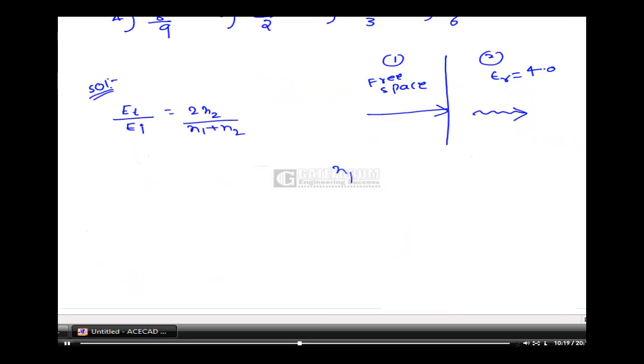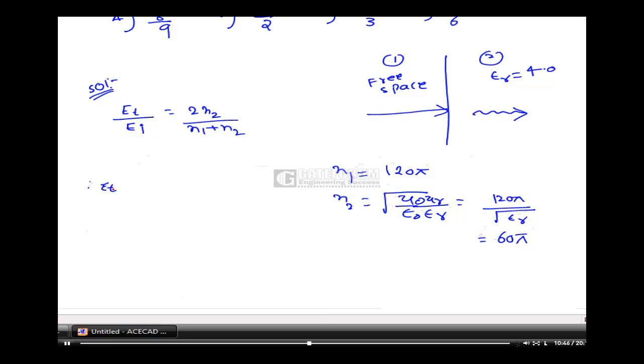Here eta 1, for free space, is 120 pi. Eta 2 is equal to how much? Eta 2 is root of mu by epsilon, that is, root of mu naught mu r by epsilon naught epsilon r. So this is 120 pi divided by square root of epsilon r, because mu r is equal to 1. Epsilon r is given as 4, so eta 2 is 60 pi.